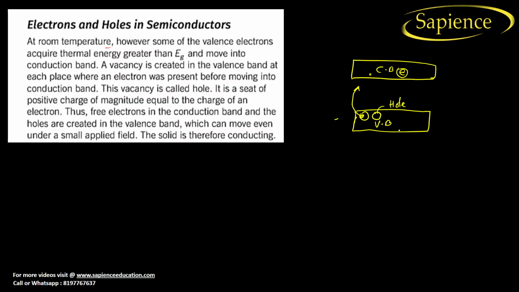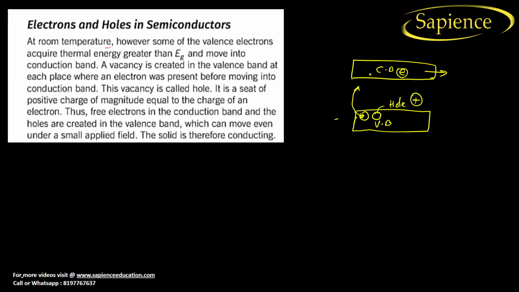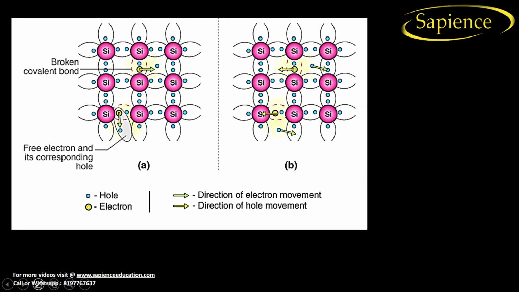So this vacancy is called a hole, and it is a seat of positive charge, so this hole can be considered as a positive charge, okay? And the free electron will move in the conduction band, right? I hope you have understood what electrons and holes are in a semiconductor.